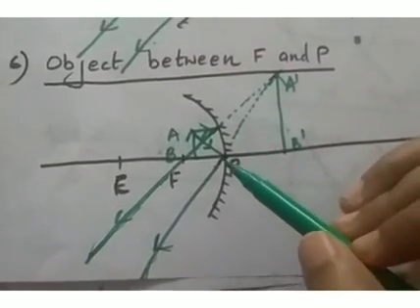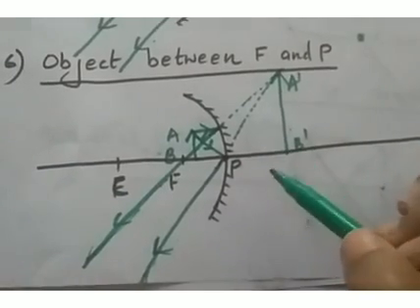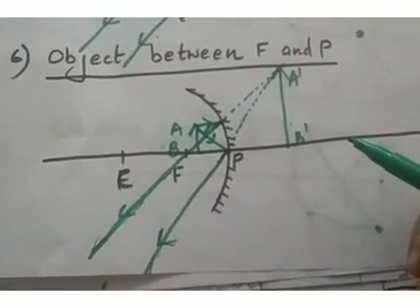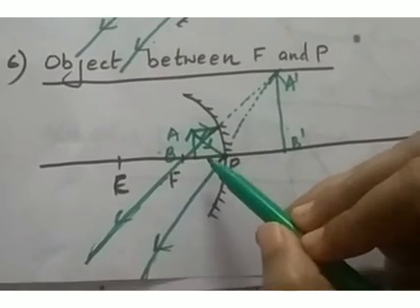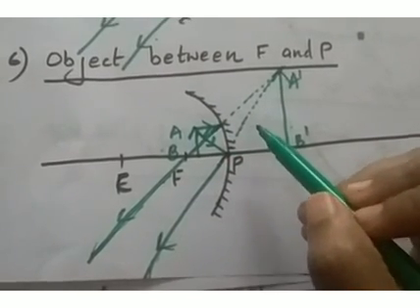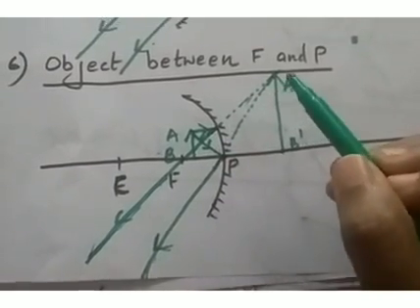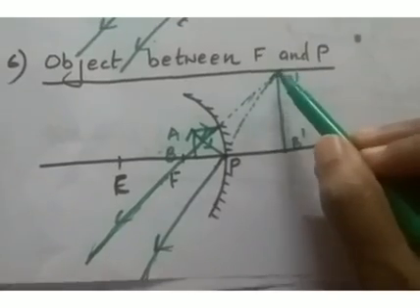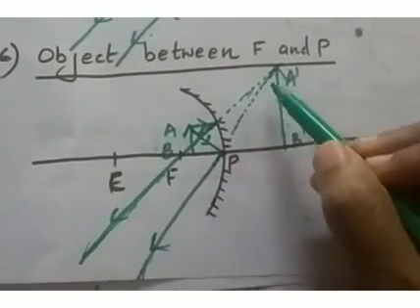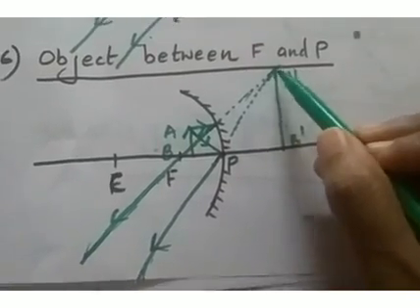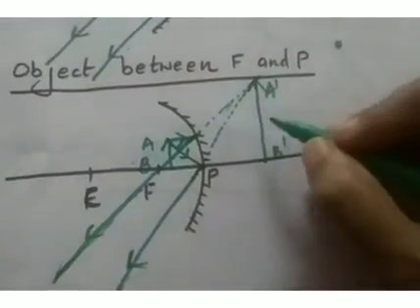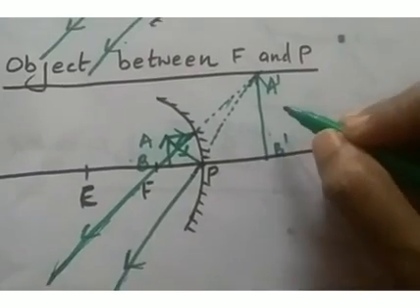What is the nature of this image? Is it a real image or virtual image, my dear children? Here the rays are not actually meeting at a point. We extend the rays backward and we appear to make them intersect at this point. So these two reflected rays appear to meet here, and there we have traced the image. So this is not a real image. This is a virtual image.